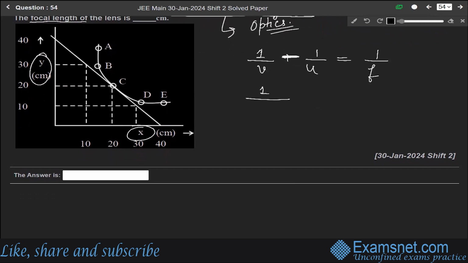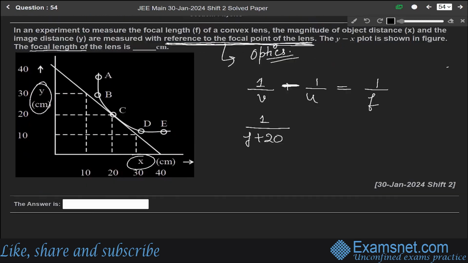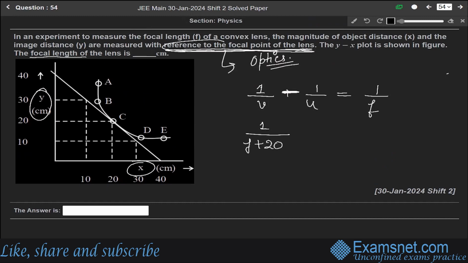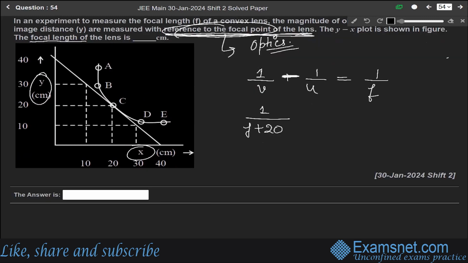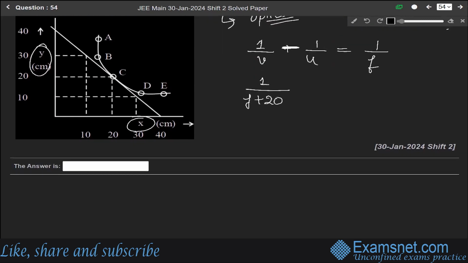V is f plus 20, because we are measuring with reference to the focal point. So 1 over f plus 20 minus, since the object is on the left hand side, minus of f plus 20, equals 1 over f.